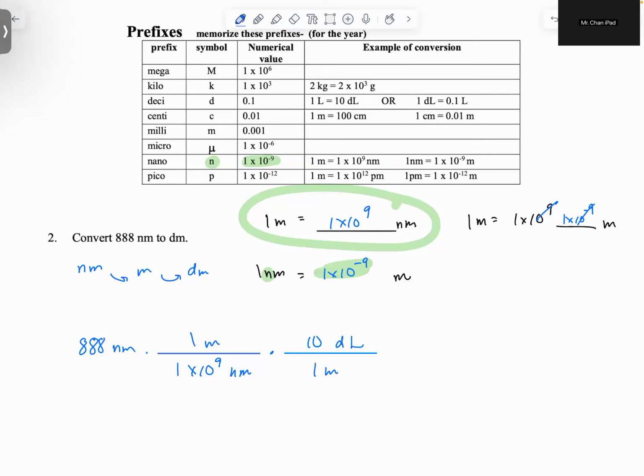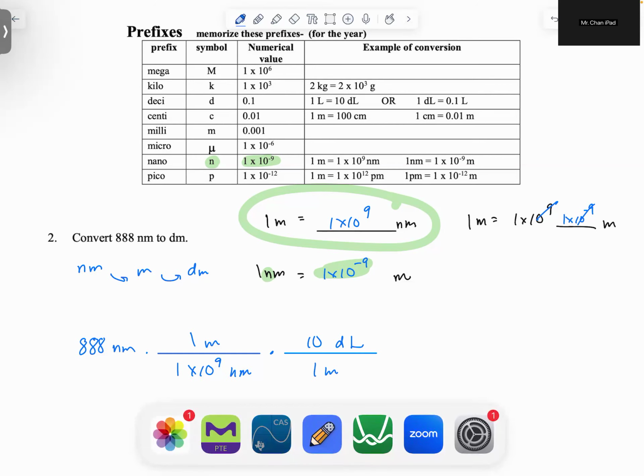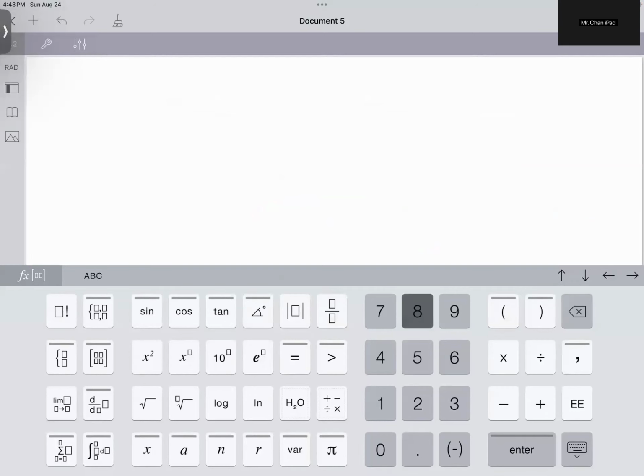Now, on your calculator, I would like to make sure that you know how to put this in, whether it's a graphing or scientific calculator. You're dividing 888 by 1 times 10 to the 9th power, so you can type 1 times 10 to the 9th power like this.